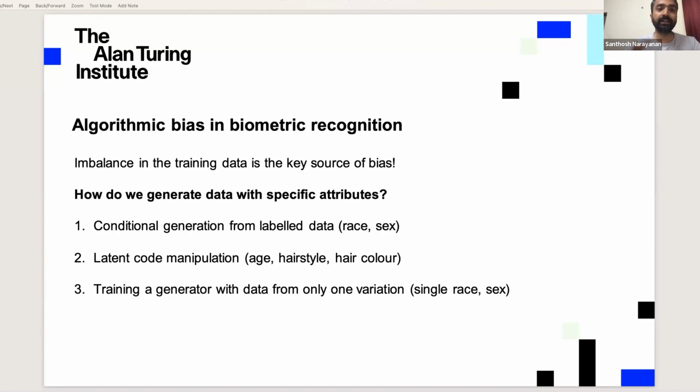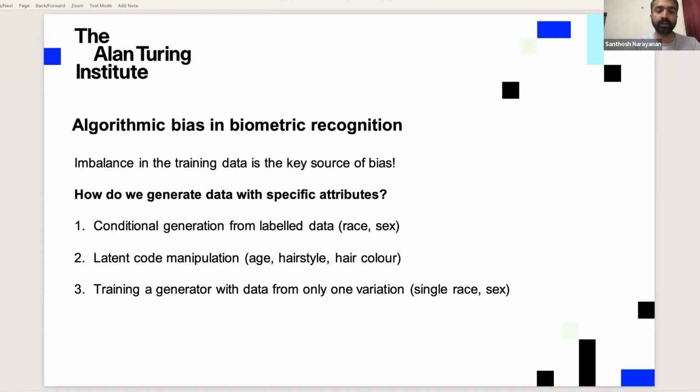So how do we generate data that have specific attributes? This is not trivial. There are a number of ways we can try to do this, and within the team we are trying to explore all of these following options. So one method would be conditional generation. In the AI space, I think conditional generation is very popular.